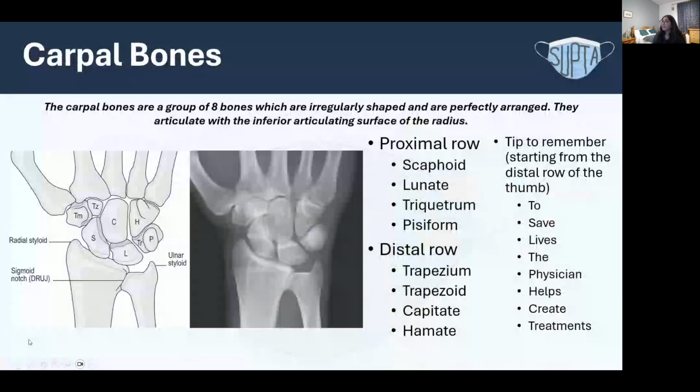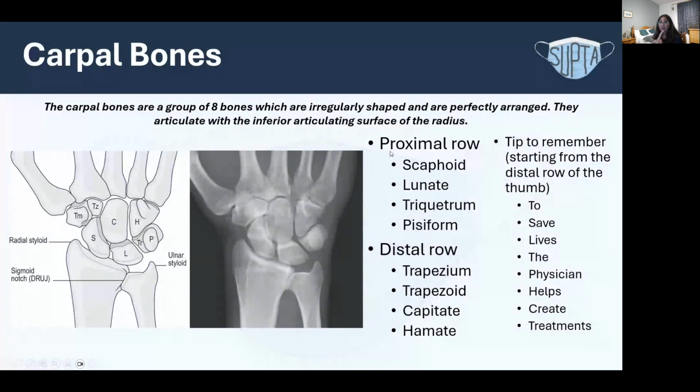Okay. Now, carpal bones. They're basically a group of eight bones, and each one of them is irregularly shaped, but they all fit together perfectly like one big puzzle. These bones articulate with the inferior articulating surface of the radius.